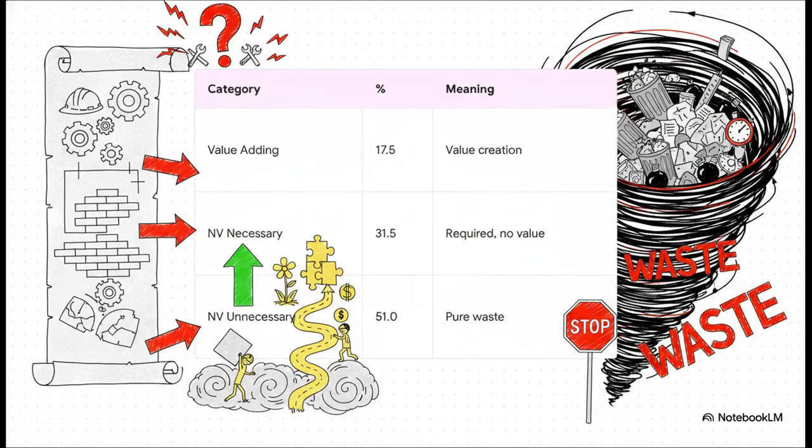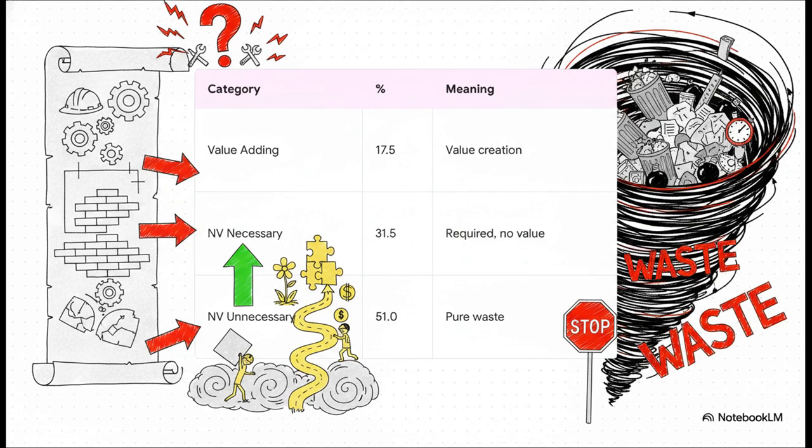And if you want to know how severe this problem actually is, just take a look at these numbers. This is from observational data in traditional construction procurement, and honestly, it's staggering. Actual value-adding activities, the work that your client is actually paying for, make up only 17.5% of the process. Think about that for a second. Then you have non-value-adding necessary activities.